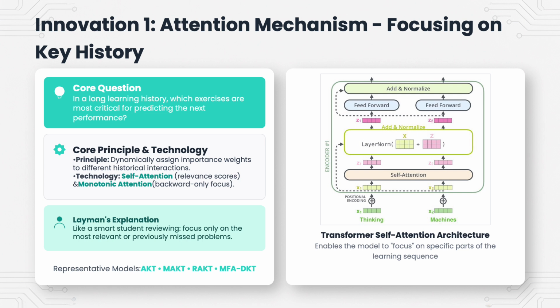They focus on the ones most relevant to the current topic or the ones they previously struggled with. Models like AKT and MAKT bring this focus ability to knowledge tracing, allowing the model to dynamically assign importance weights to different parts of the learning sequence. This is done using techniques like self-attention, which calculates relevance scores between different time steps.